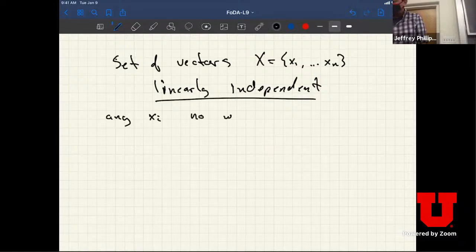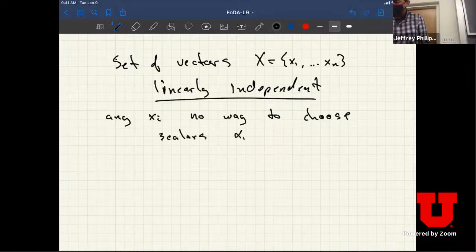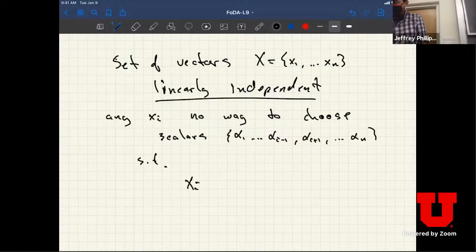there's no way to choose scalars alpha 1 up to alpha i minus 1, alpha i plus 1 up to alpha n, such that xi is equal to the sum over j from 1 up to n, except j not equal to i, of alpha j xj.